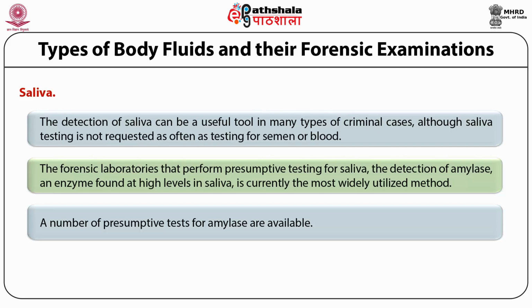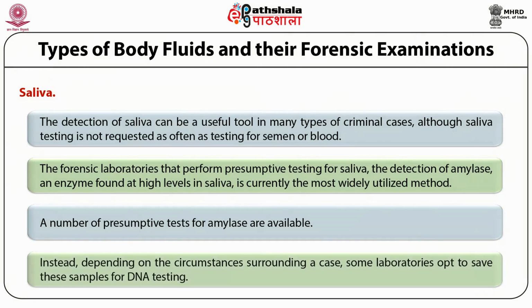While some of the presumptive tests are very sensitive for the presence of amylase, none can actually confirm the presence of salivary amylase. Therefore, many laboratories forego these tests in cases where the quantity of saliva procured is very small. Instead, depending on the circumstances surrounding a case, some laboratories opt to save these samples for DNA testing.